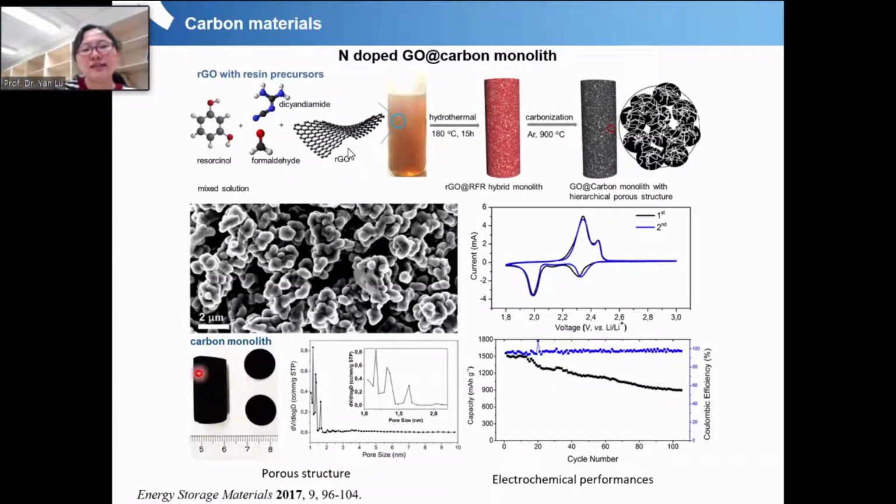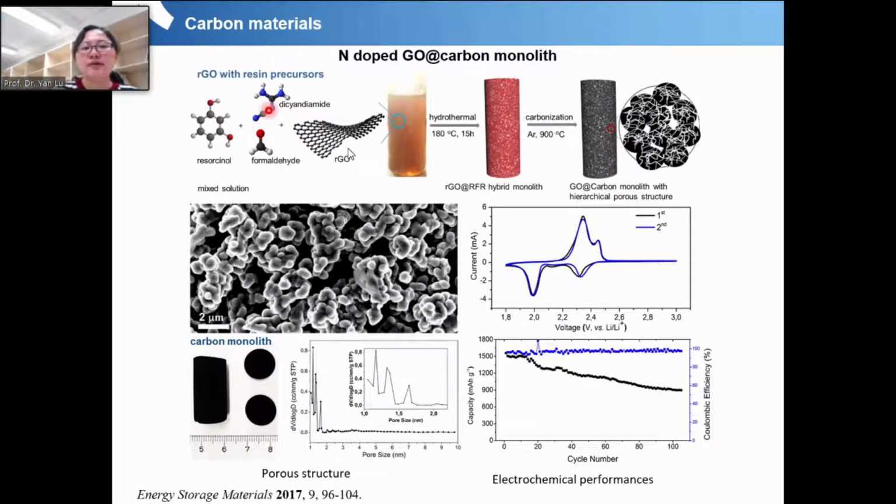And to synthesize such carbon monoliths, we also start with RF. So again, we use resorcinol together with formaldehyde, which will be used as a carbon source. And then we add diamide, which is used as a nitrogen dopant.